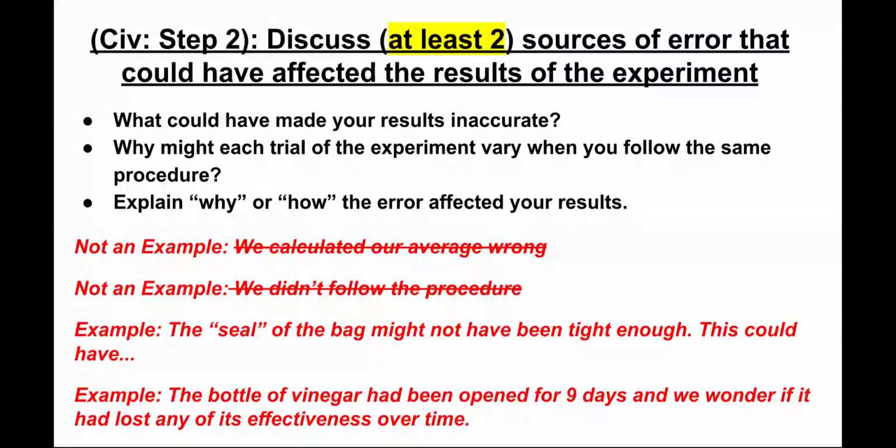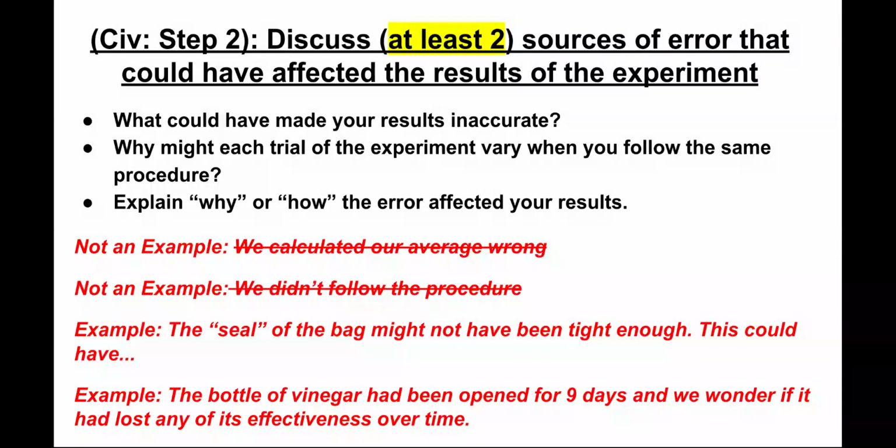So you see a couple of not good examples here, right? We need to be more detailed. Something like, the seal of the Ziploc bag may not have been tight enough. Some gas may have escaped. This could have affected the results because the mass would have been less, etc. You can see in our data table, in fact, the mass in the Ziploc bags varied from 0.3 to 1.6 grams.